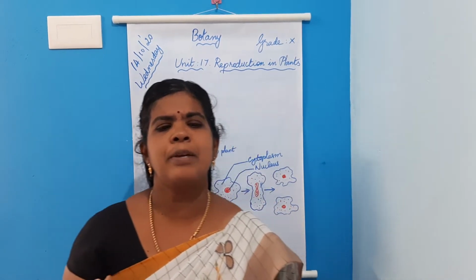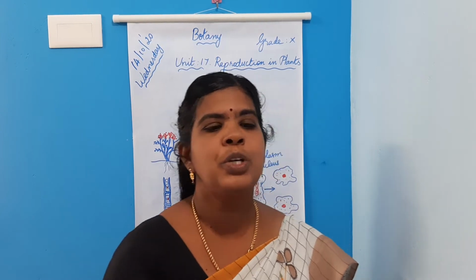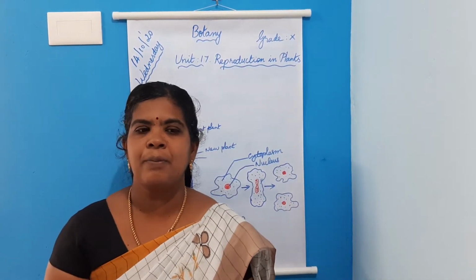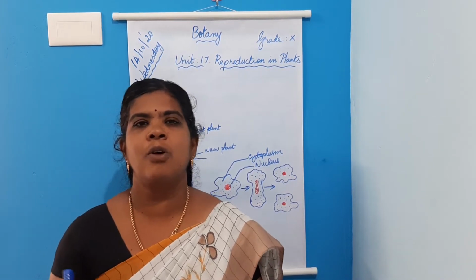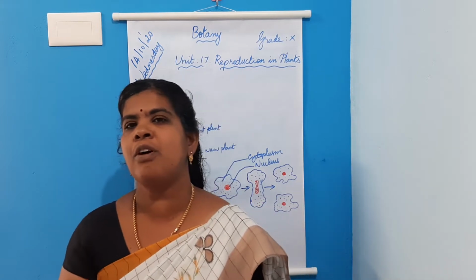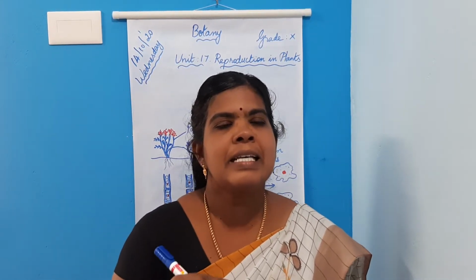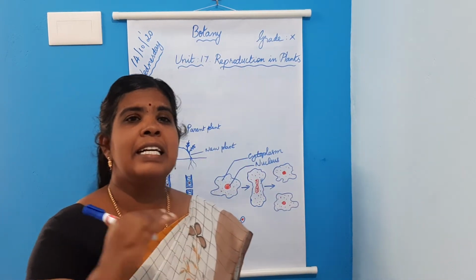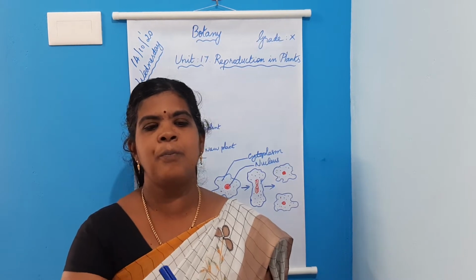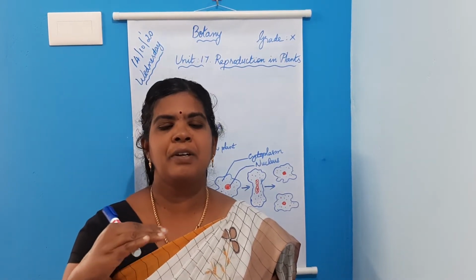In sexual reproduction, the offsprings are produced by the union of male and female gametes. So in sexual reproduction, the offsprings or the hybrids or the young ones are produced by the fusion of male and female gametes. These gametes contain the genetic material or the genes present on the chromosome, which transmit from parents to offspring.